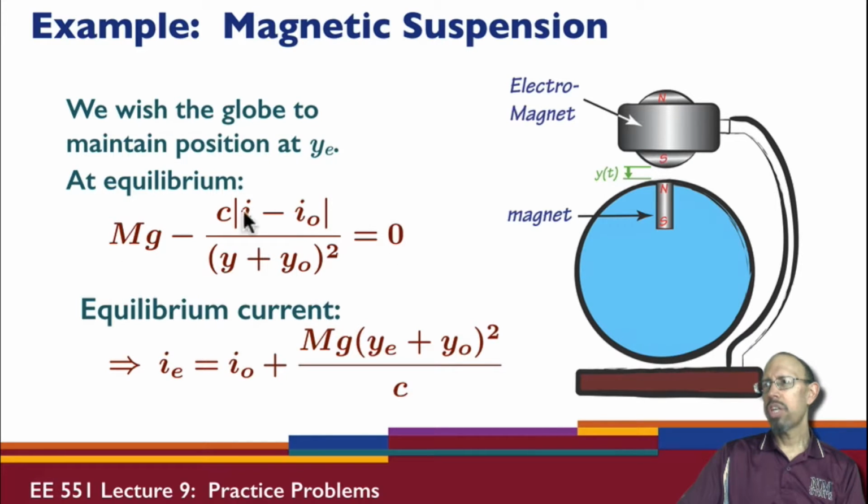I can solve this equation, so given y equal to y_e, I can solve for i_e this way, where we assume that all of this is positive. So this is the equilibrium current. We have an equilibrium position and an equilibrium current.